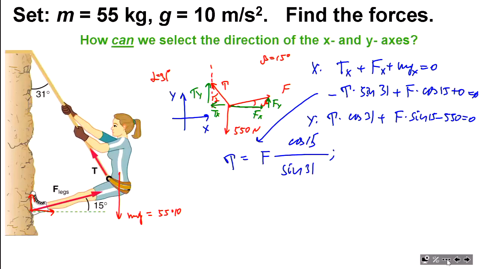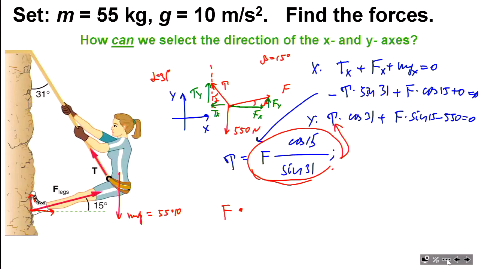Now what can I do? Now I can use this expression here, plug it in to replace the unknown with a complicated expression. If we do that, the result will have only one unknown left in that equation.